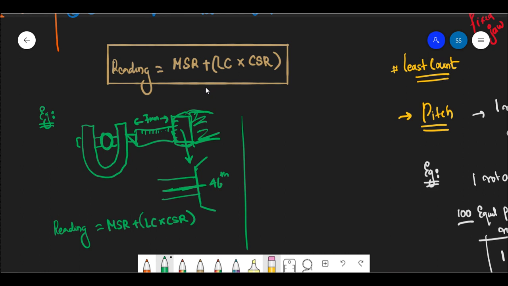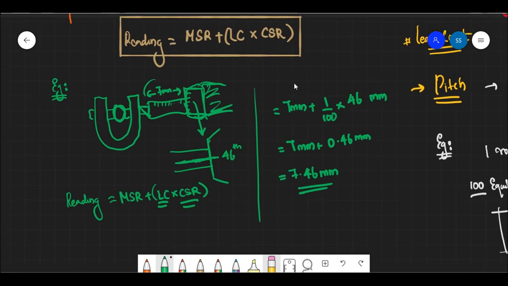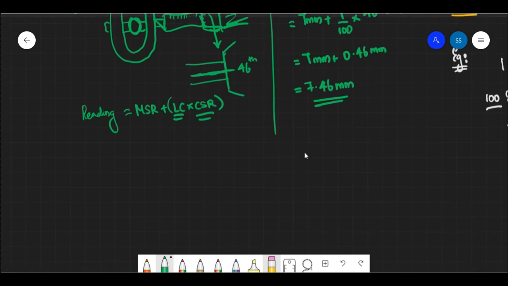So the main scale reading is 7 mm plus the least count, 1 by 100, times the CSR, let's say it's 46. This is also in mm, obviously. So 7 mm plus 0.46 mm is 7.46 mm. So this is going to be your reading. Based on the number of times you repeat the experiment, you'll get a more accurate answer.